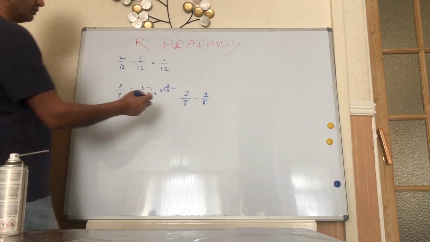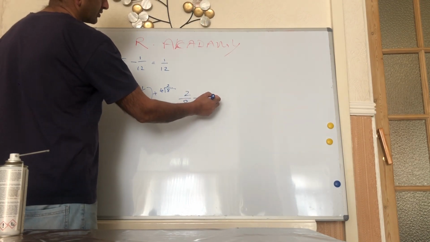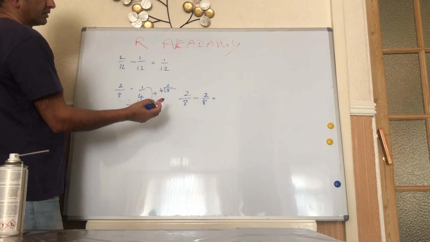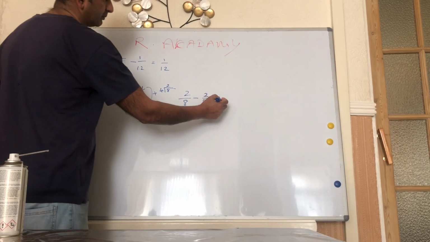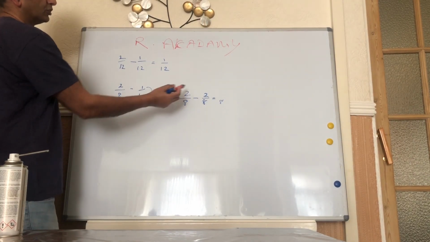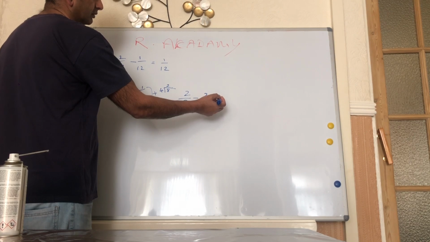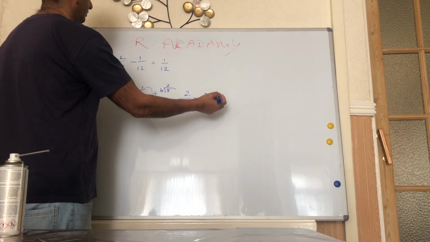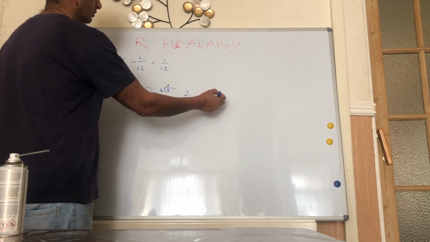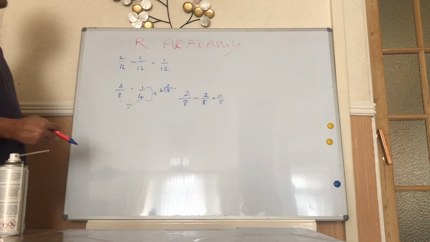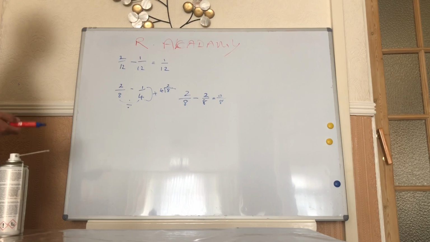Now you can finish the question and answer it by saying 8 remains the same. 2 minus 2 is 0. So 2/8 minus 2/8 is 0.